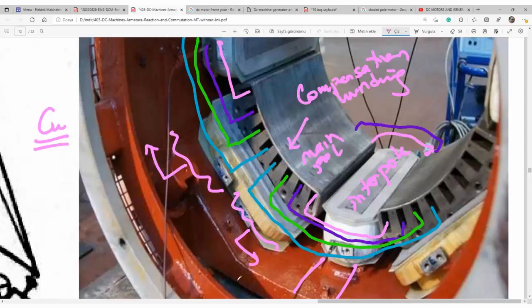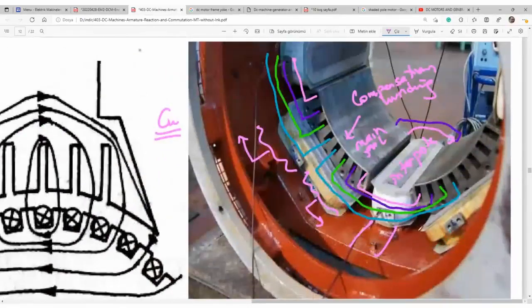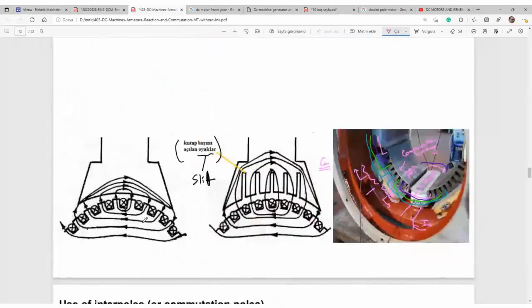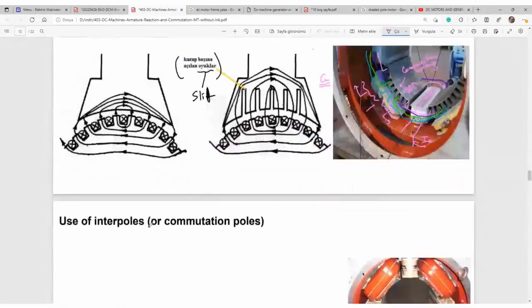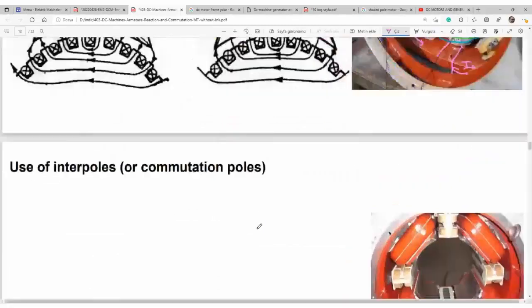All the armature reaction reducing elements, interpoles and compensation windings, will be connected in series and supplied by armature current, to overcome armature reaction problems adaptively.